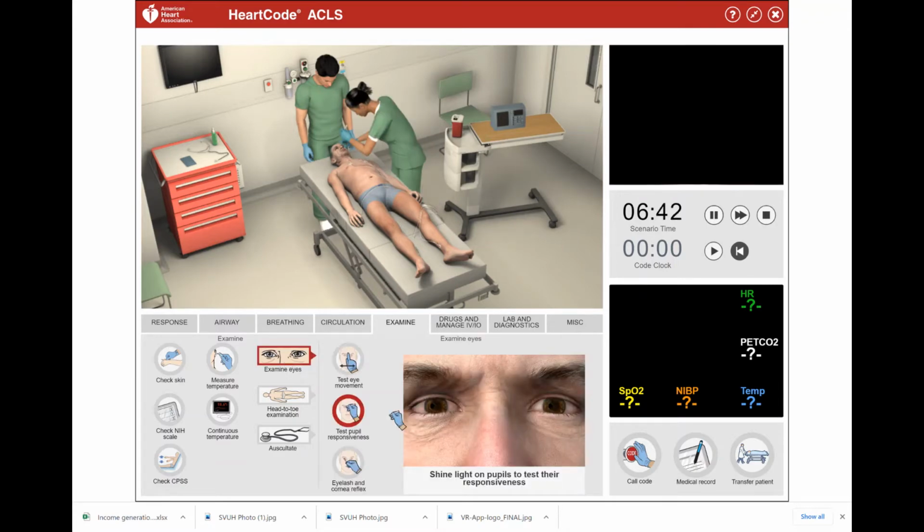So actually here, you can use a pen torch to shine a light on his pupils and see what happens. So we shine on his pupils, and okay, they get smaller, I don't know if you can make that out. So these big pupils, you bring the light to them, and then these small pupils.